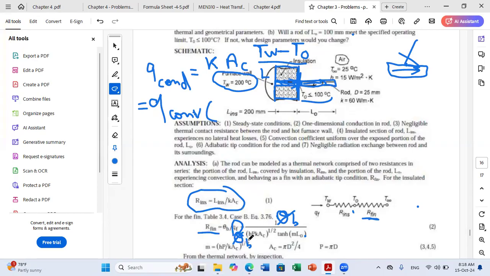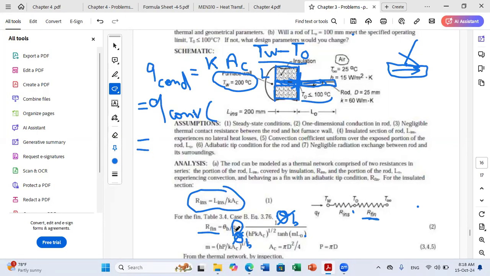As we said here, P represents the perimeter of the fin, so it's pi d, and A_C represents the cross-sectional area of the circular fin, which is pi d squared over 4. So now, this is very simple. This is much easier than writing this. Both methods will give you exactly the same result. And here, you can replace Q convection by the expression of Q fin.